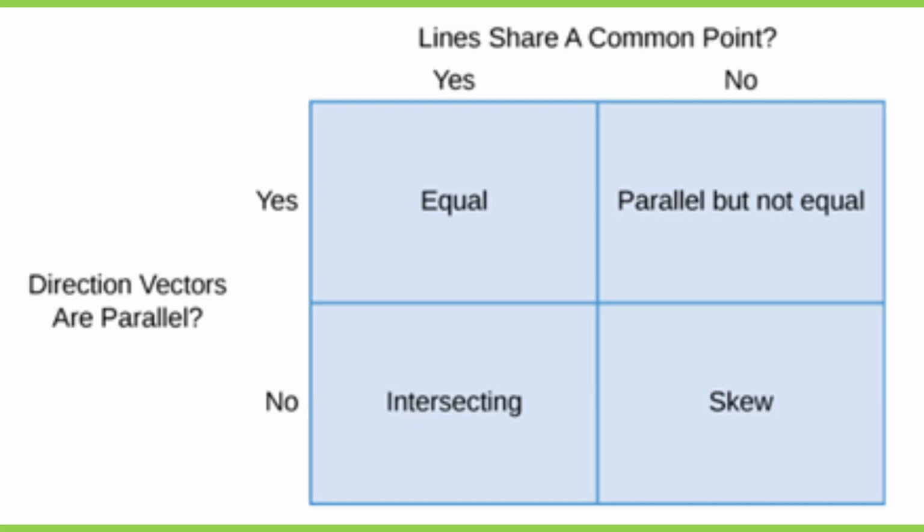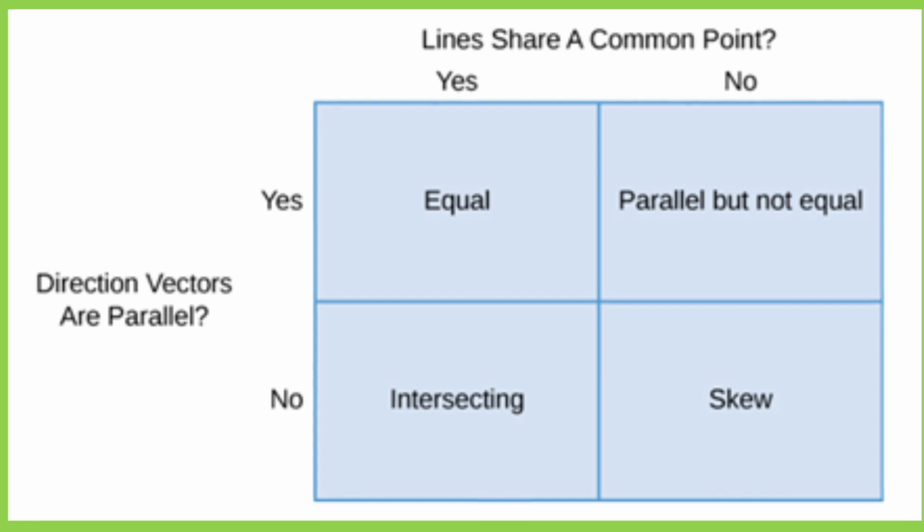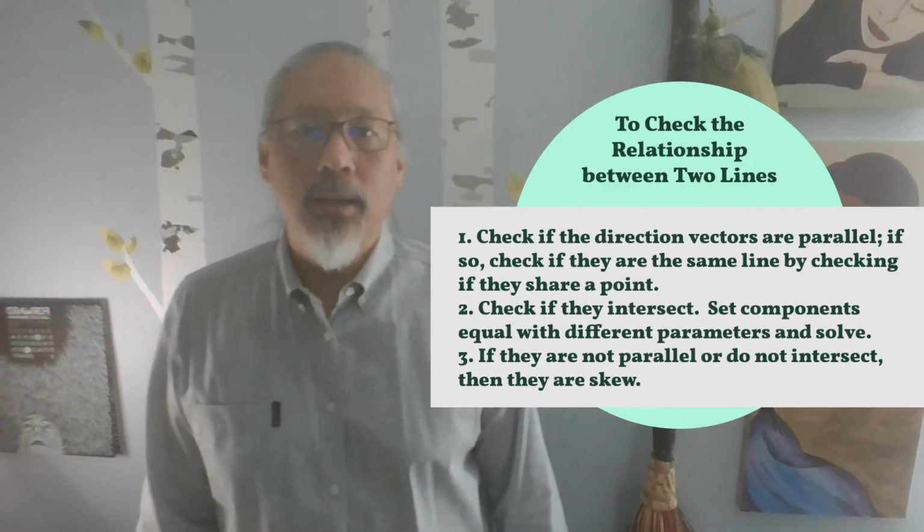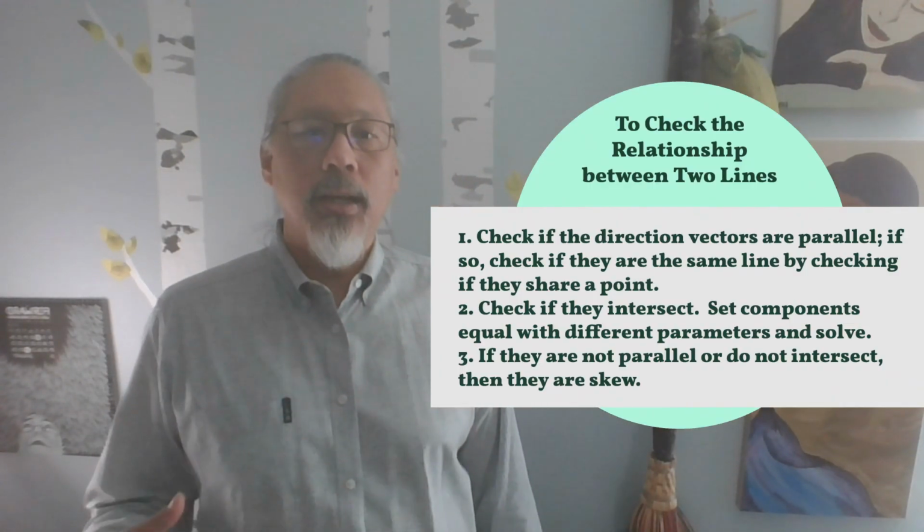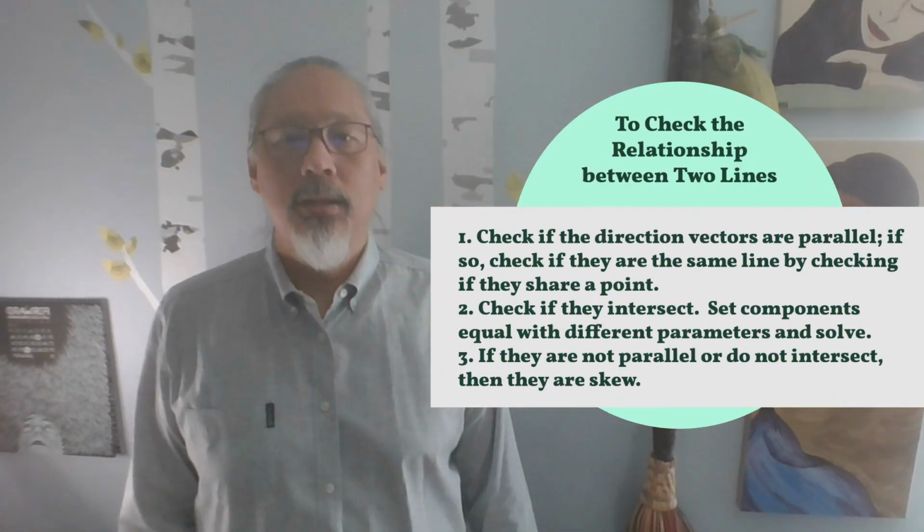Now, if your direction vectors are not parallel, they can either intersect at exactly one point, or if they don't intersect and they're not parallel, then there's a possibility for your lines to be what's called skew, which is not parallel and not intersecting.